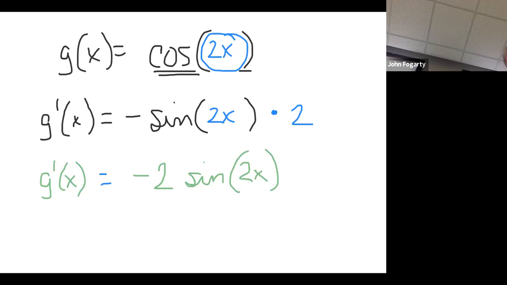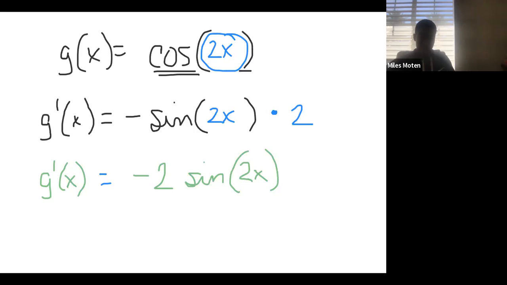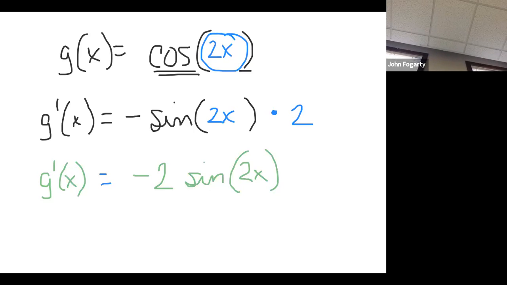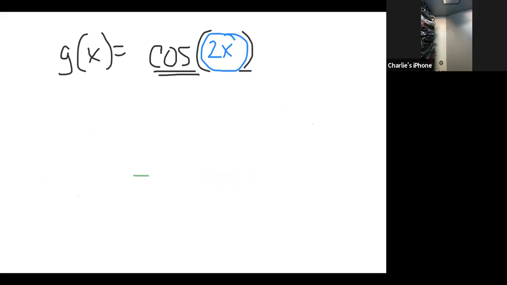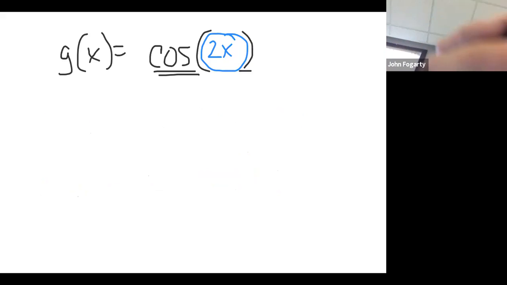So when do you know when to use the chain rule and when not to use the chain rule? So this, for example, hold on one second. This example is the chain rule because I have two functions.